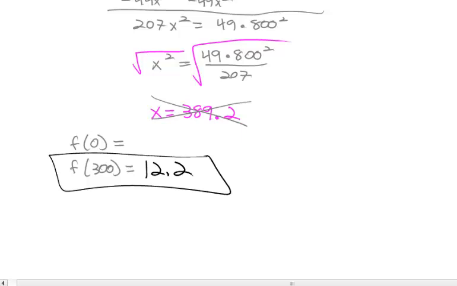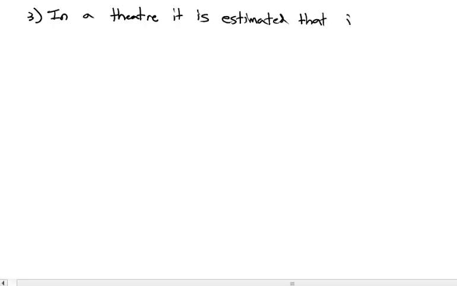Let's try another one. Let's say in a theater, it is estimated that if 50 seats are full, profit per seat will be $6.